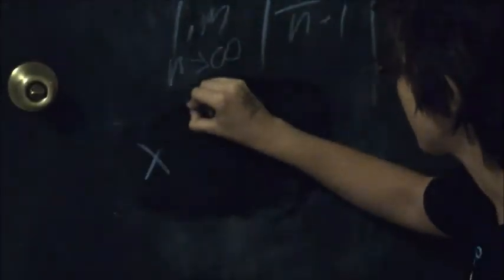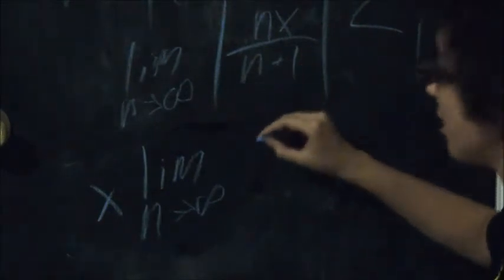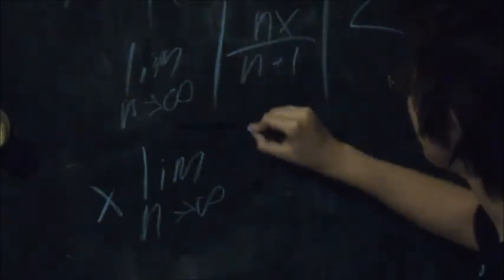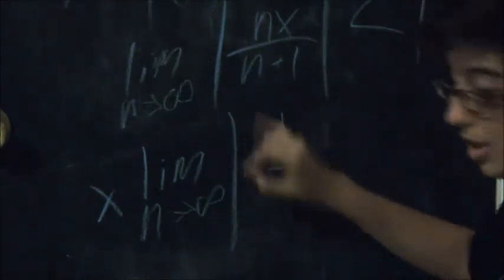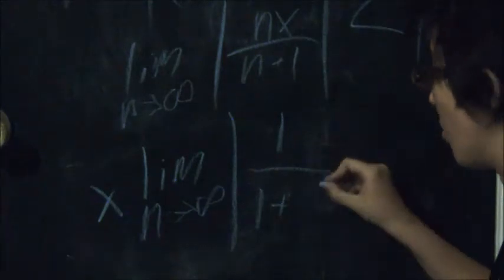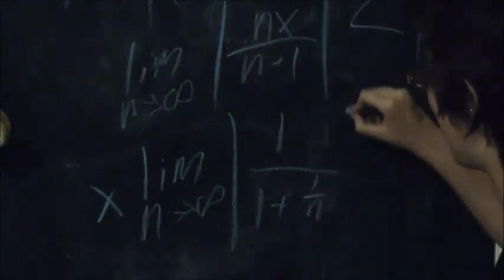Now that we have this, we can test the convergence by making it less than 1. So the first thing we can do is take out this x and put it on the outside of the limit. Say x times the limit as n approaches infinity. And what we can also do is take out the n. When we do that, the top n becomes 1, and the n in the denominator becomes 1 plus 1 over n, because that n was taken out.